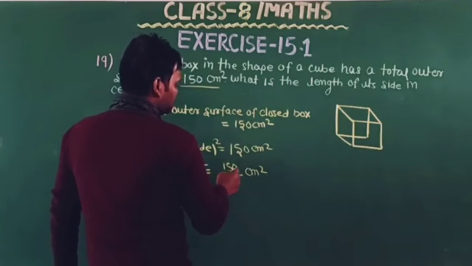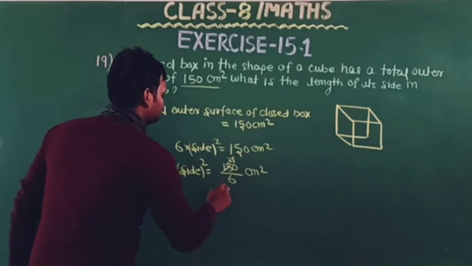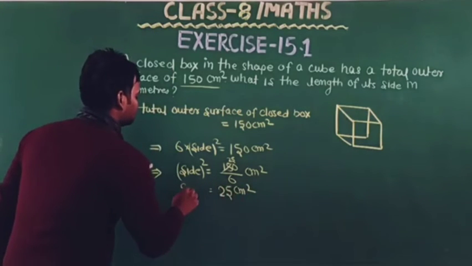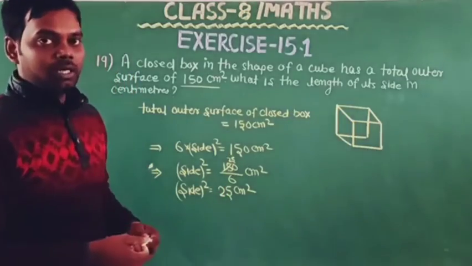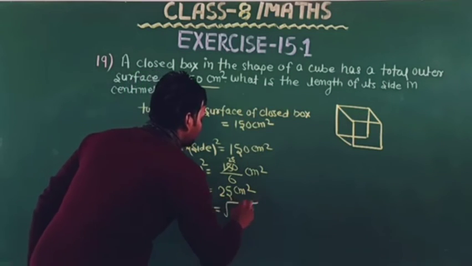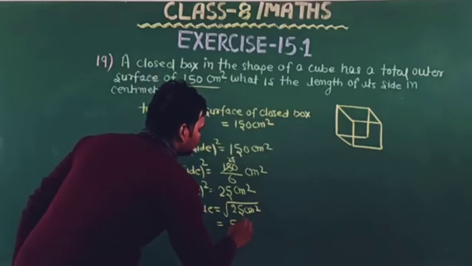Now simplify. 150 divided by 6 is 25. So side square equal to 25 centimeter square, and side equal to the square root of 25 centimeter square, and the value of the square root of 25 is 5.